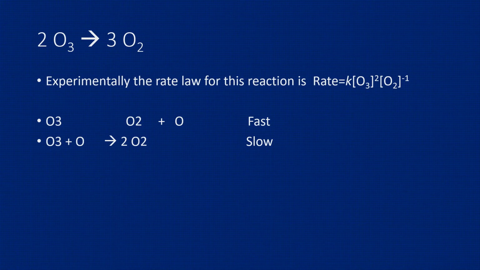Okay, so one more time. Experimentally, this is what we determined.